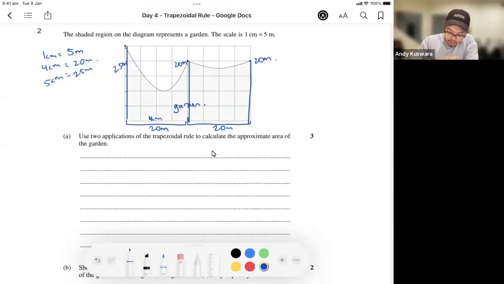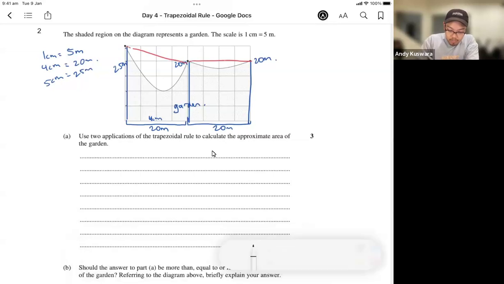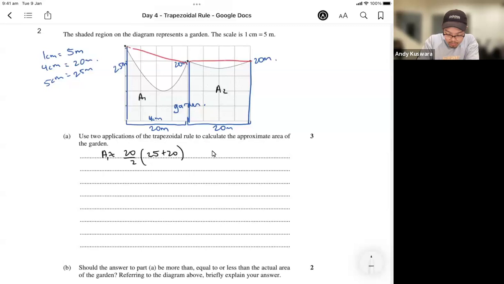Okay, so just to remind you, the trapezoidal rule is an approximation by using trapeziums, or for this particular case, it's a trapezium and a rectangle. So let's find the approximations using two approximations. So area 1 is going to be height on 2. So 20 on 2, 25 plus 20. And so I'm pretty sure I can do this math in my head.